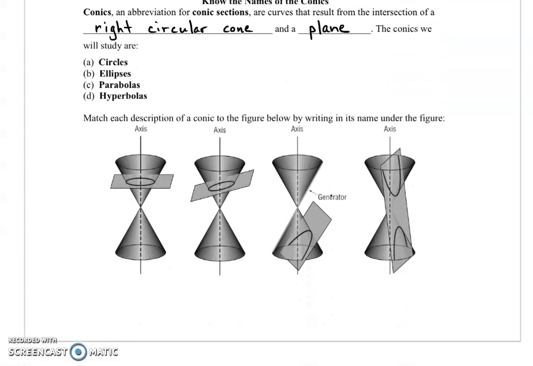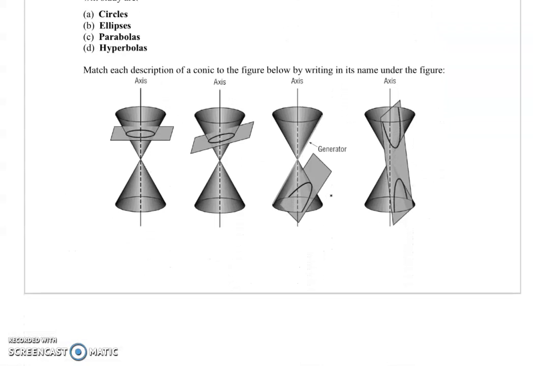So geometrically, here's what happens. If we put the plane through the cone so that it's perpendicular to the axis, meaning that the line of the axis and our plane makes a right angle, then we get a circle.